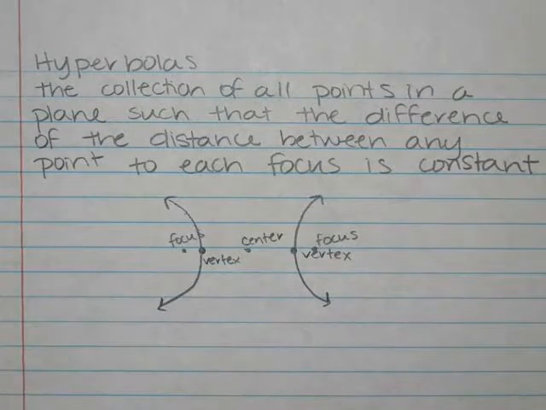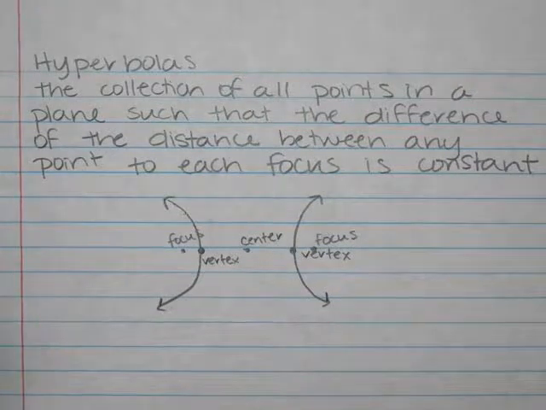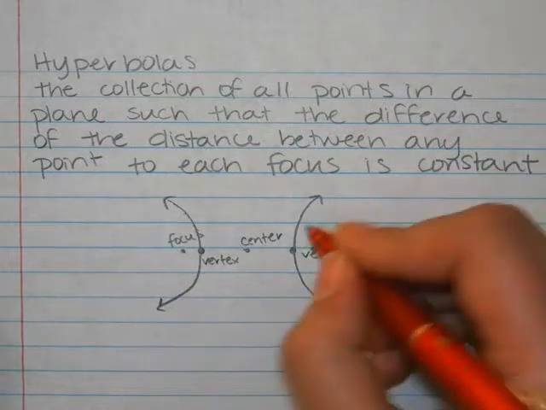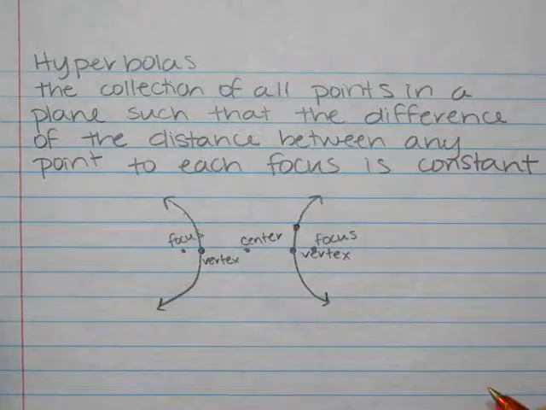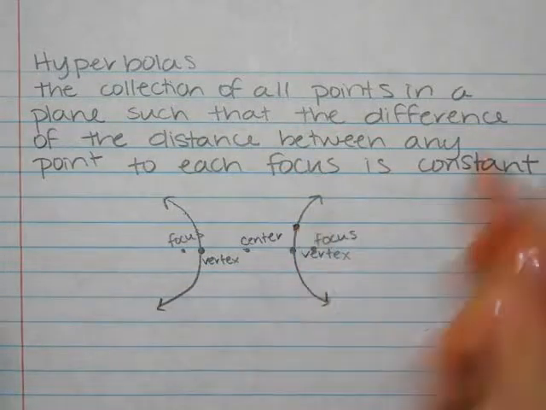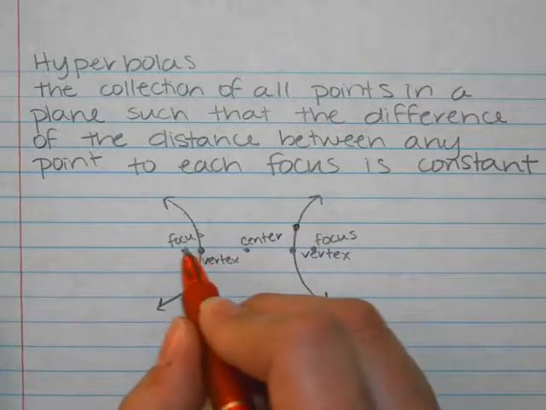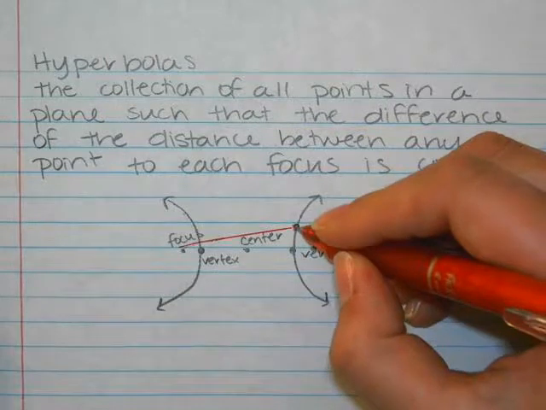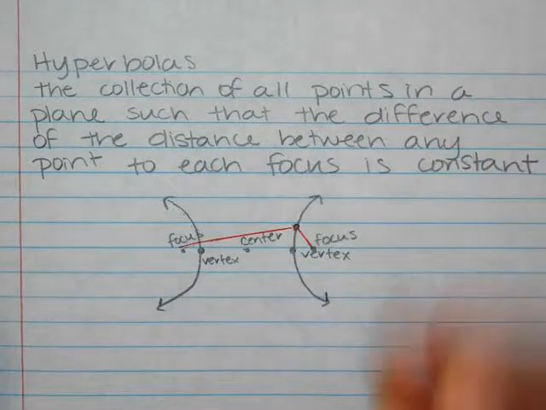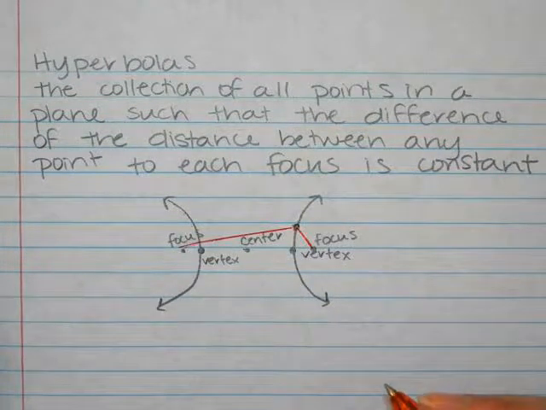Hello, excuse me. All right, listen up. So what this is saying is that if I choose a point on a curve, there's a point right there. You can't see it very well. And I find this distance right here, and I subtract that distance right there, that's going to give me a number.